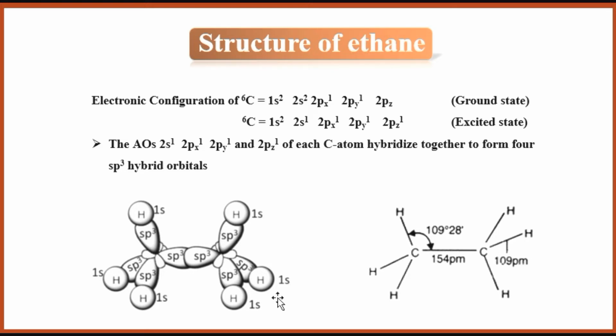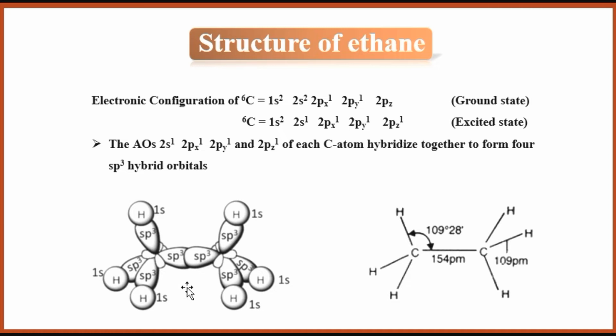So the overall number of sigma bonds in the ethane molecule would be 7, because there are 3 sigma bonds with the 3 hydrogen atoms for one carbon and 3 sigma bonds with the 3 hydrogen atoms at the other carbon atom. So the total number of sigma bonds would be 6 over here.